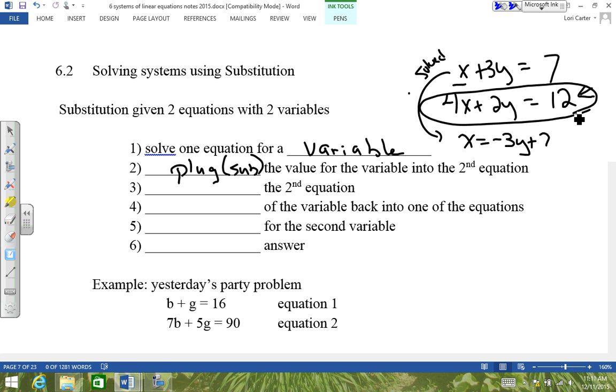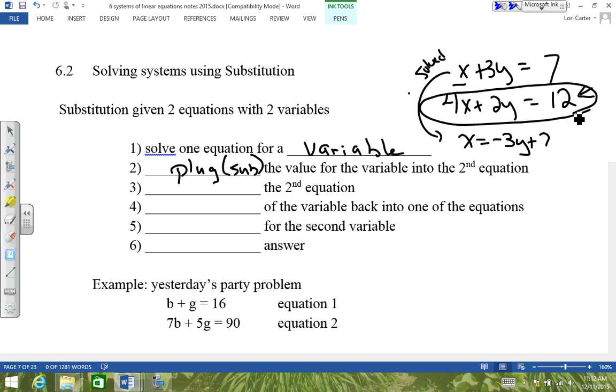So what am I going to have? Whichever one you do, you're not solving, you're substituting. So x equals negative 3y plus 7.